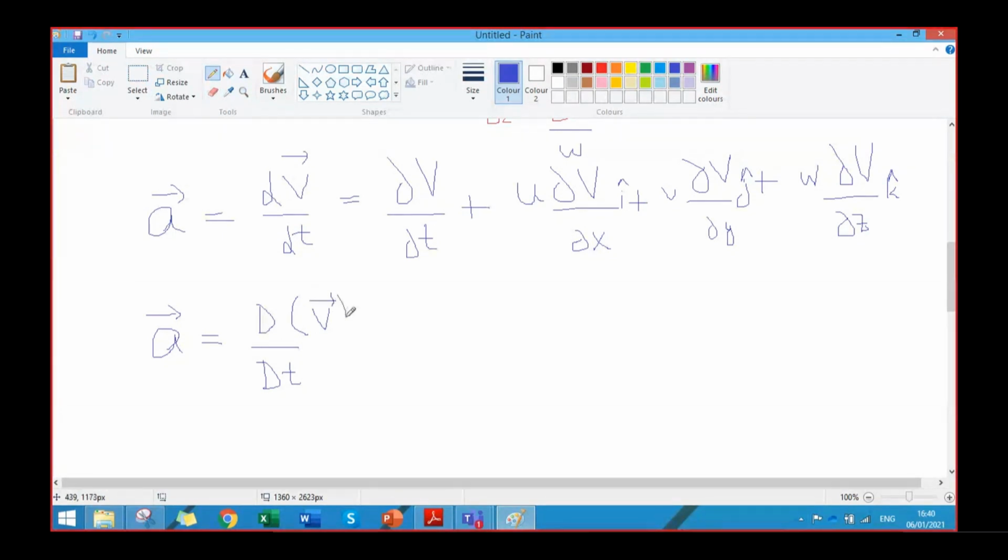Clear? So this is the total derivative and this is its result. Clear?